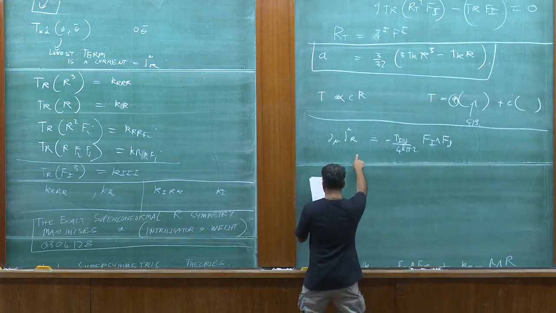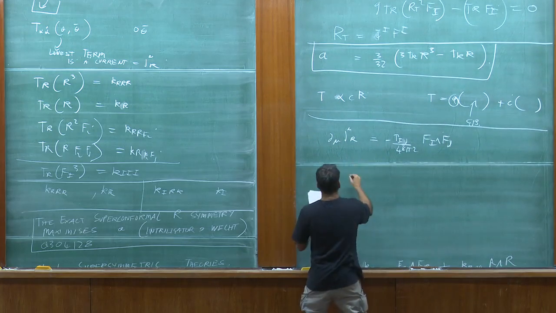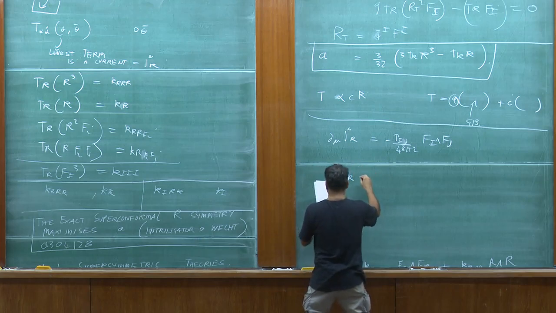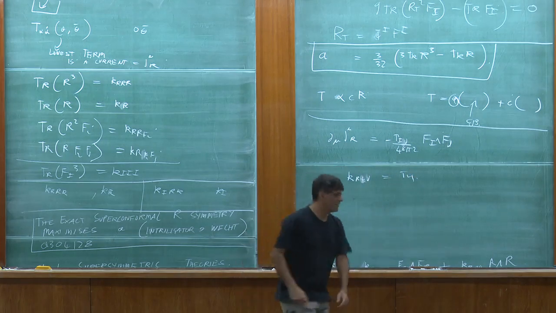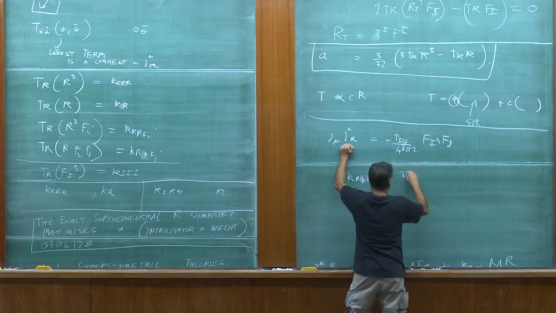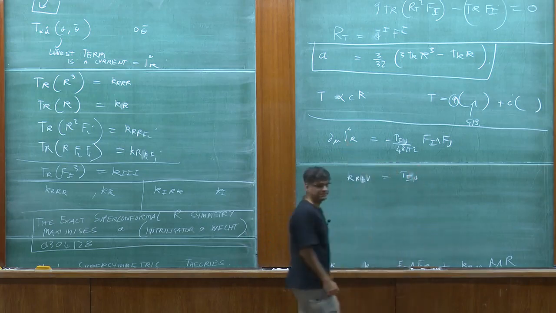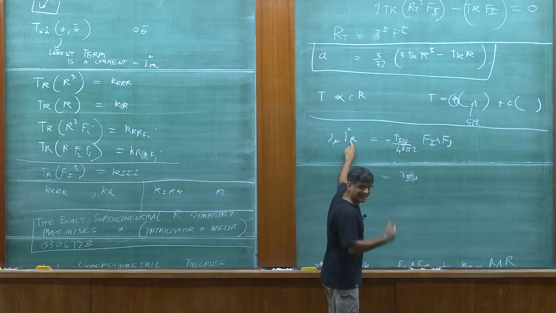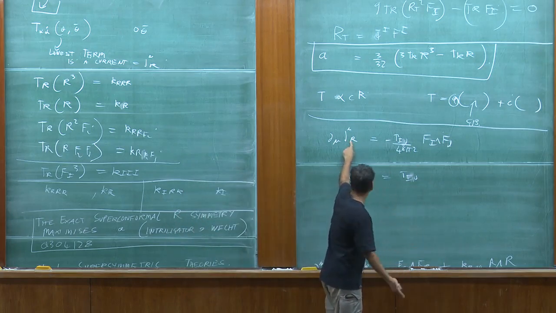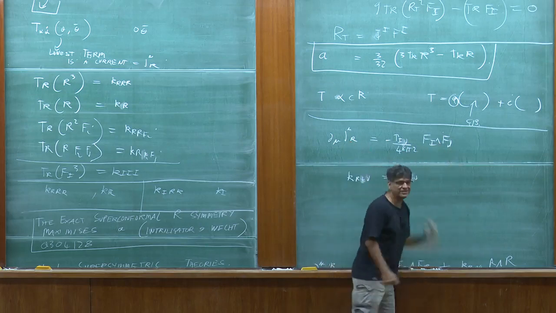This equation here tells us that K R I j is equal to tau ij, right? Because this, by definition, is the anomaly coefficient you get when you compute the current j mu R, and you get the contribution from I and j.